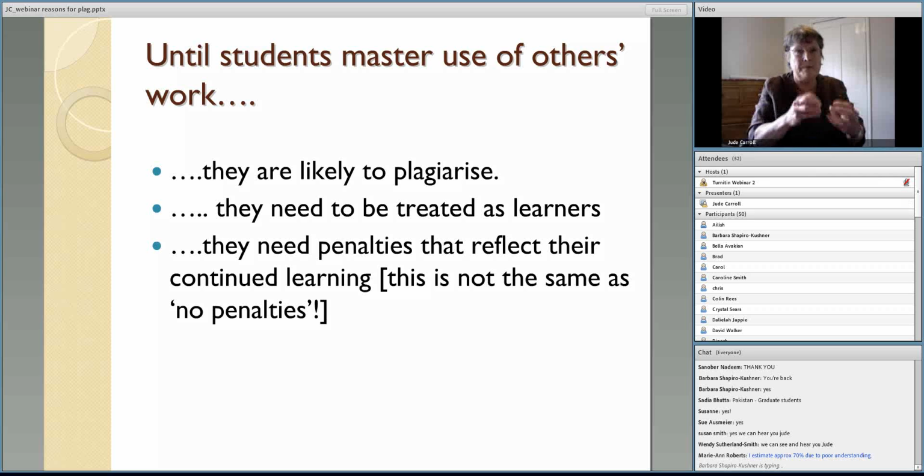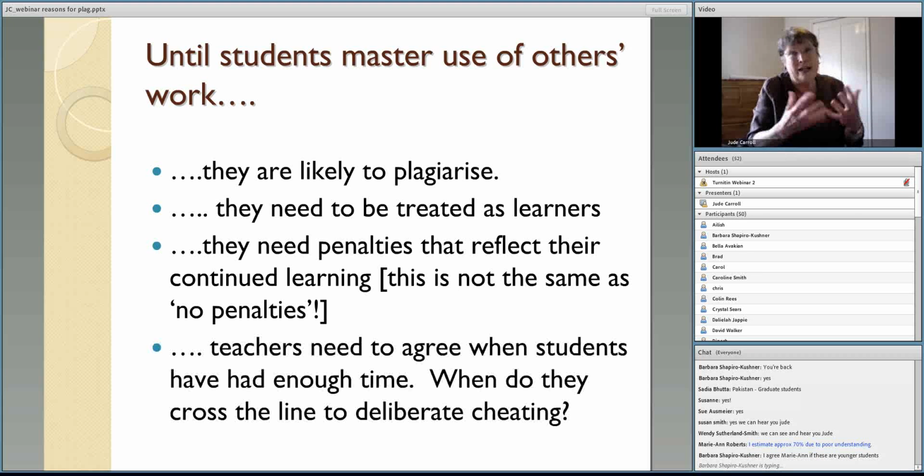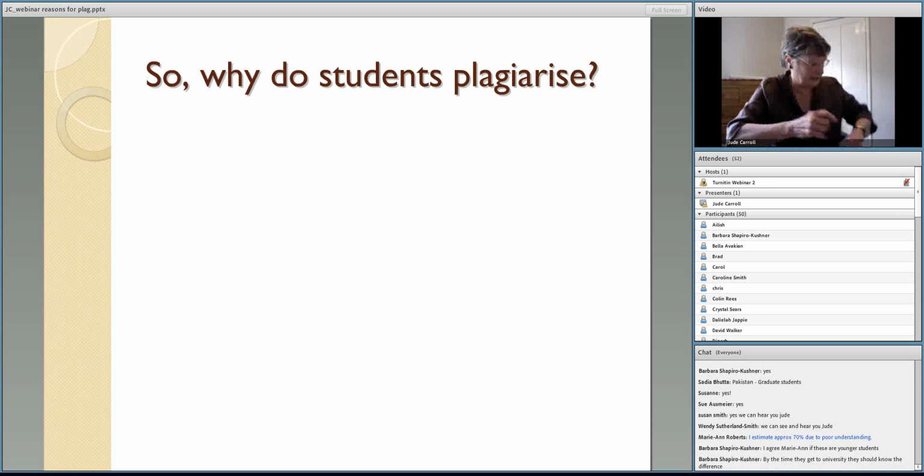So this means the kinds of webinars and thinking that people are coming up with around penalties become very, very important to making this a fair and effective system. And teachers need to agree when students have had enough time to learn and when they cross that line to deliberate cheating. And that has to be an agreement amongst teachers.